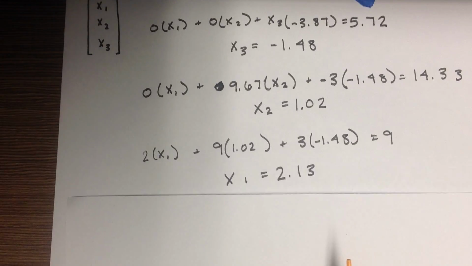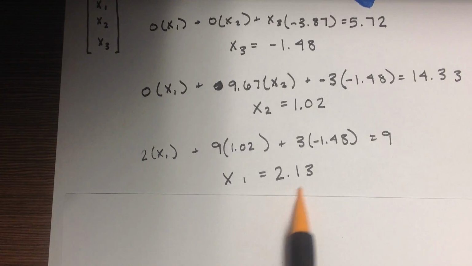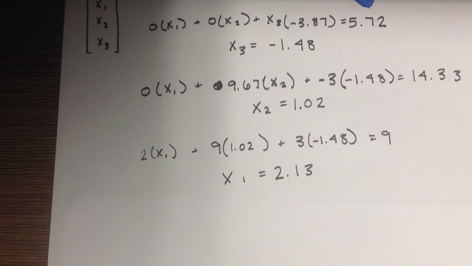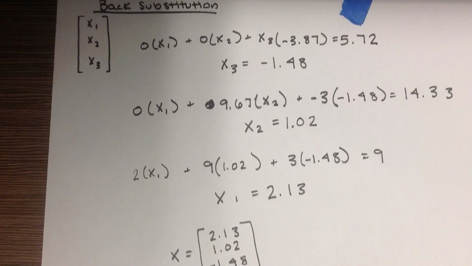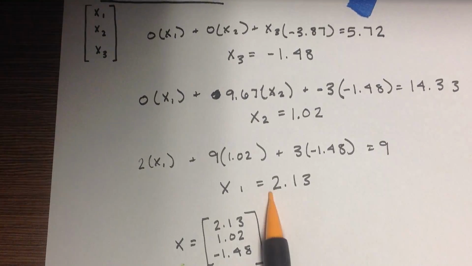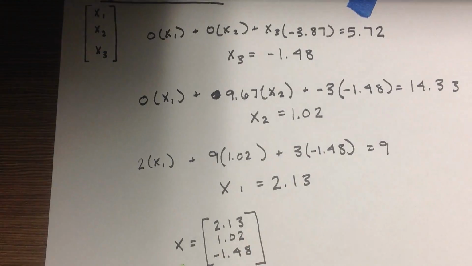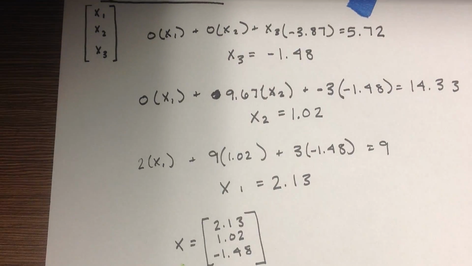We're going to solve for x1. x1 equals 2.13. So now we have the final x matrix: x1, x2, x3, so 2.13, 1.02, and negative 1.48. And you have successfully performed naive Gauss elimination.